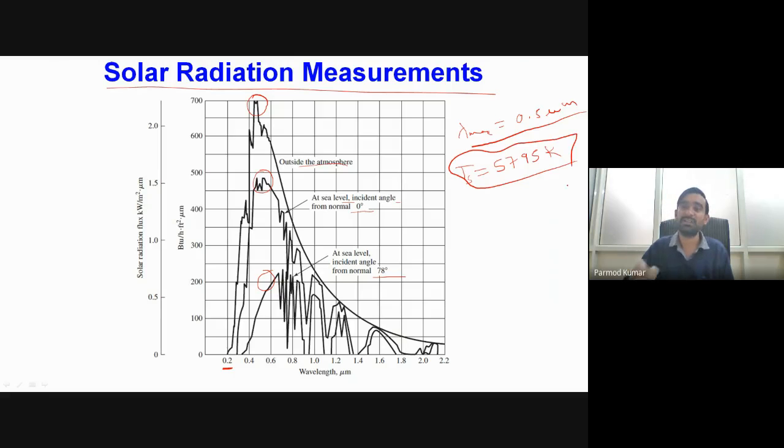This is when we consider that the spectrum of radiation coming from the sun follows the spectrum of a black body, and another assumption is that the peak wavelength corresponds to 0.5 micrometer. So the rough estimate for temperature at the surface of the sun comes out to be 5795 Kelvin.